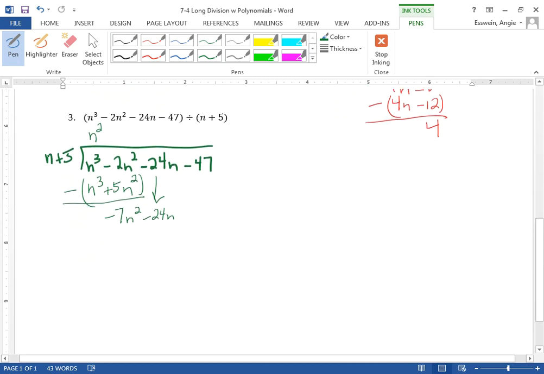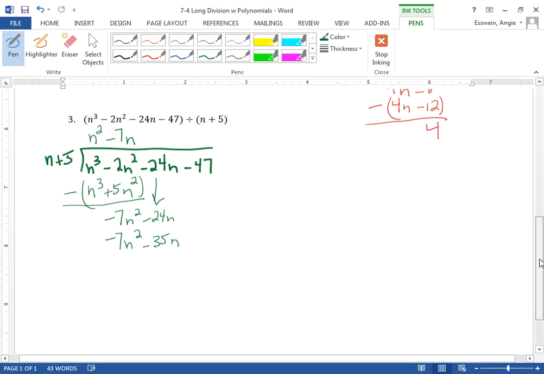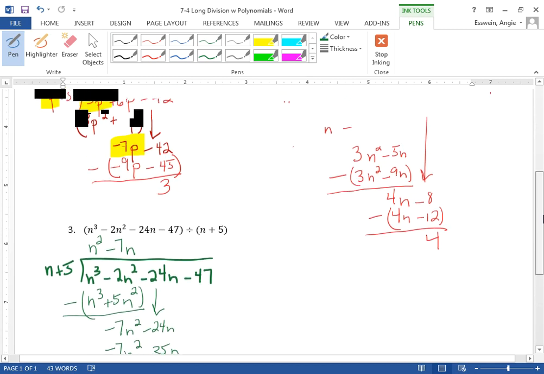Now we're going to try again. Just look at n and negative 7n squared. So what do I put up there? Minus 7n. Careful, watch your signs. You want it to match up exactly with negative 7n squared, so it's negative 7n. Negative 7n times n minus 5 gives negative 7n squared minus 35n. Yeah, question? If you match up the signs, then why on the second one do you say minus 9n instead of plus 9n?